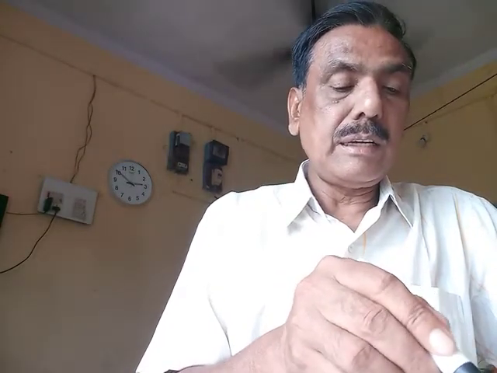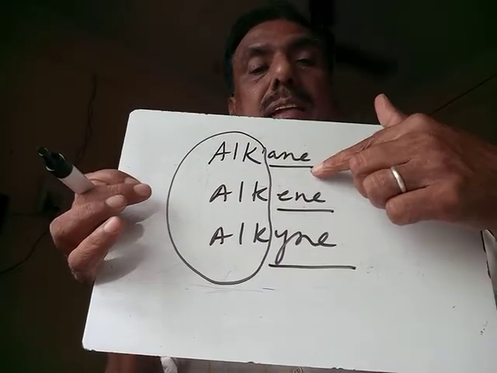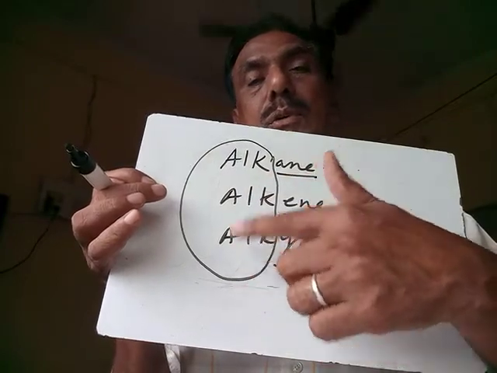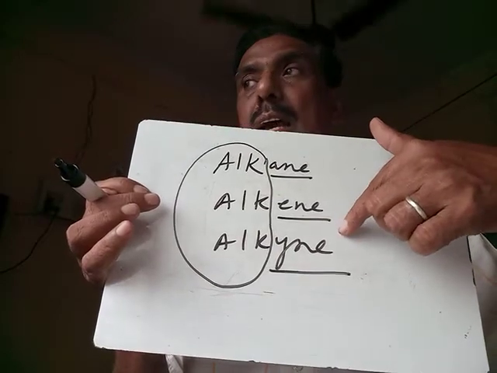See the spelling here: all three have ALK in common. This is ANE, this is ENE, and this is YNE. So this is alkane, alkene, and alkyne.